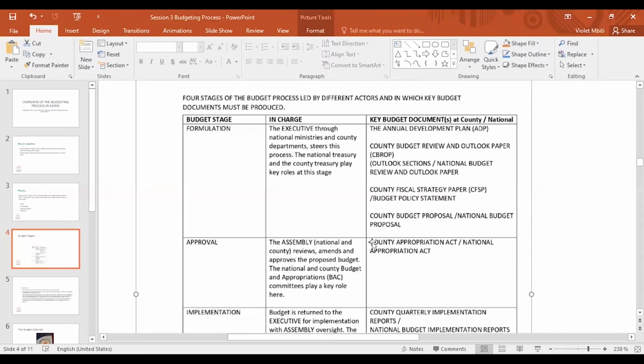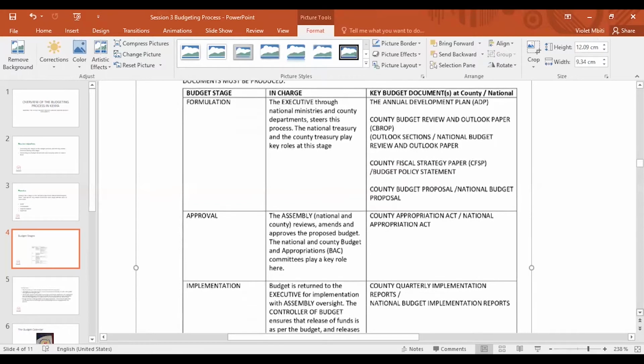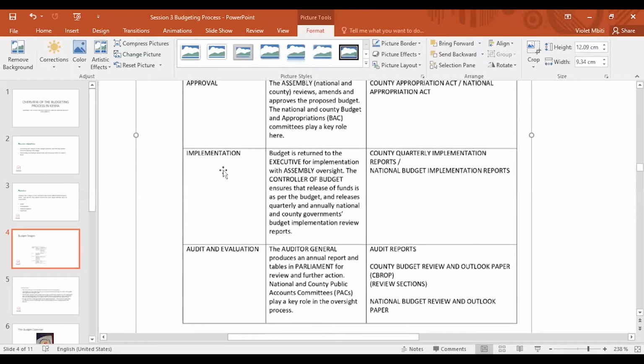Now, after that, we are at the implementation stage. At the implementation stage, the budget is returned to the executive for implementation with assembly oversight. So in implementation, you want to see whatever was proposed in the budget.